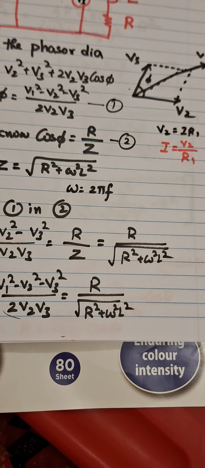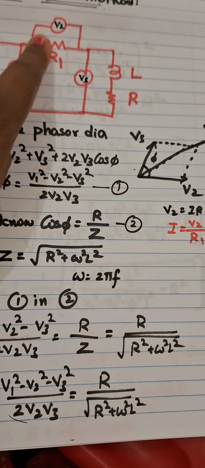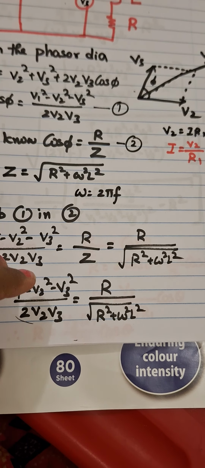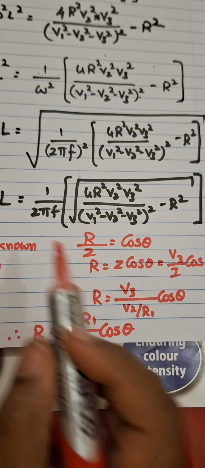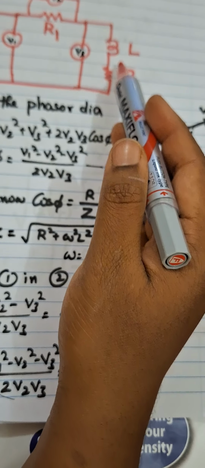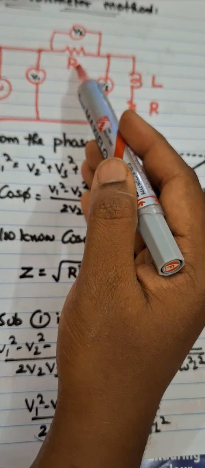So the three voltmeter method means you are taking three voltmeters with a known value of resistor. From there we take the phasor diagrams and equations, and finally you find the equation for inductor L. With L we are not done, because L is in series with R also. You should find both of them, because R1 you know.